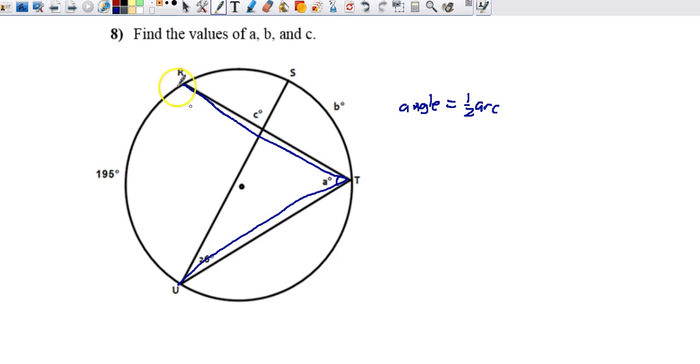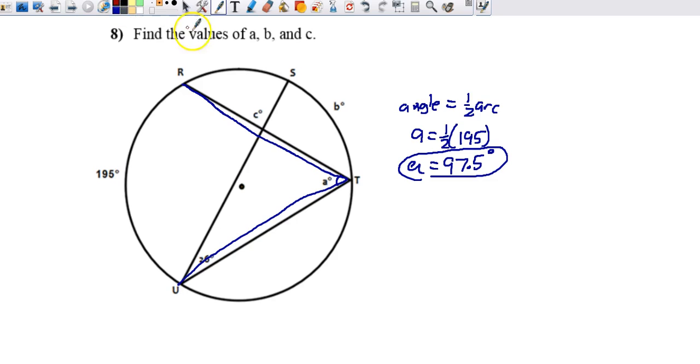It's going to be 195, so it's going to be half of 195. Put that in your calculator. It's going to give you 97.5. And there's A.